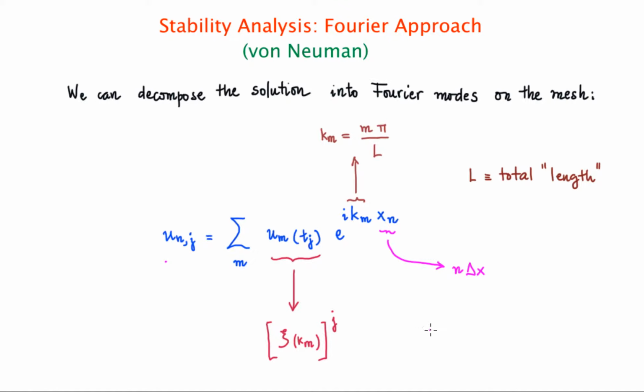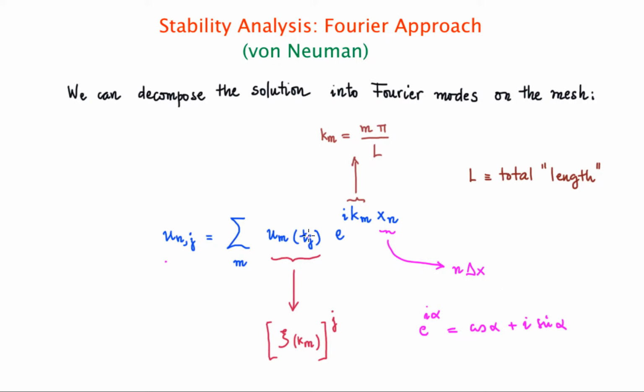In general, the exponential of an imaginary number can be written as cosine of alpha plus i sine alpha. This formula is very useful: every time you have this exponential, you can see it as a cosine plus i times the sine of alpha.